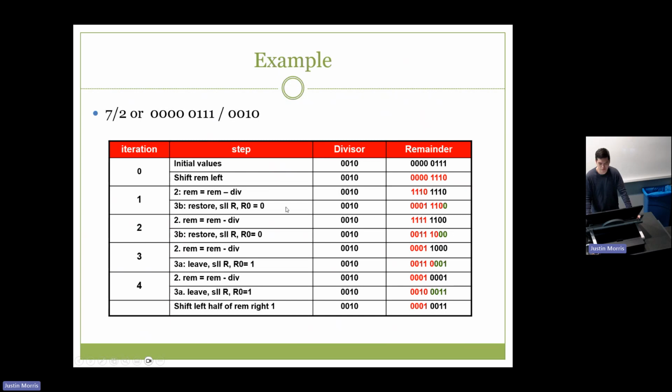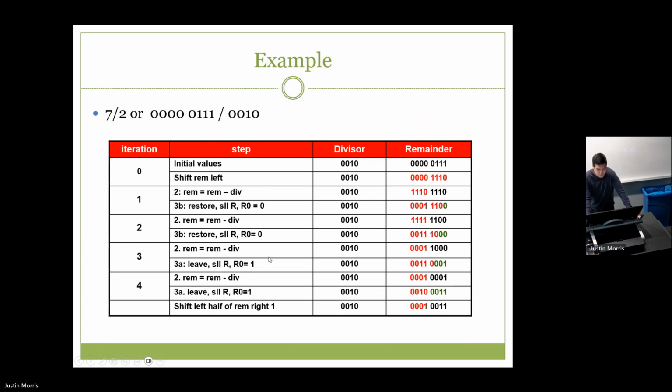So we restore and append the 0 as our quotient. And we also shift. Do the subtraction again between here and here. We have a negative result. So again, append a 0, shift left, and restore.